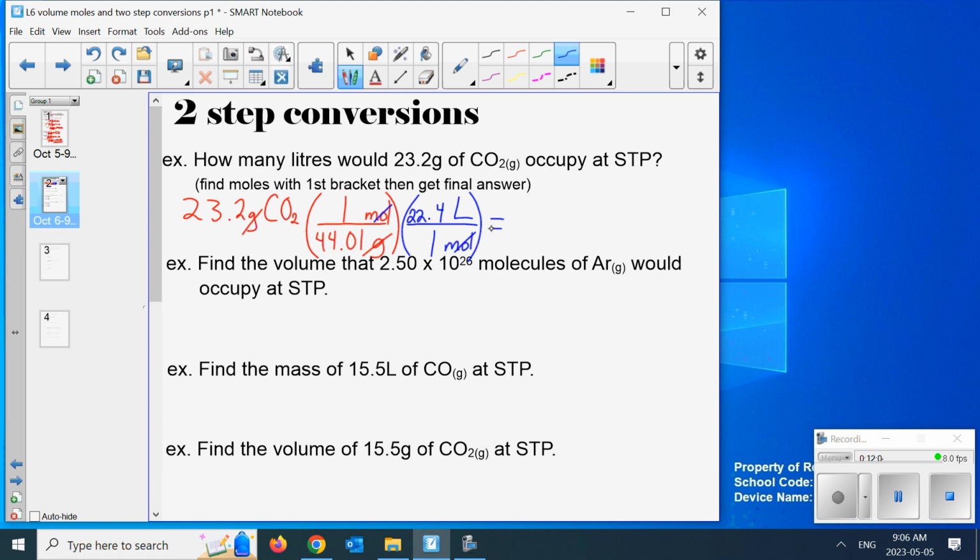If you want, multiply by 1 first. Times the blue bracket that is on the top, 22.4. Just enter it as 1 step. 11.8, 3 significant digits. Yep, 11.8 liters of CO2.